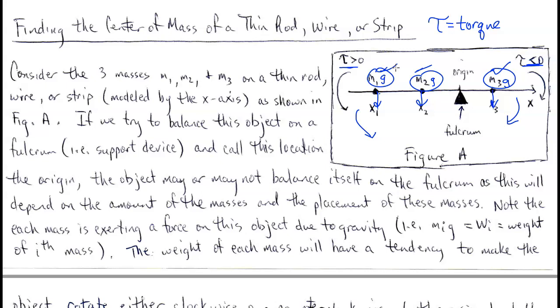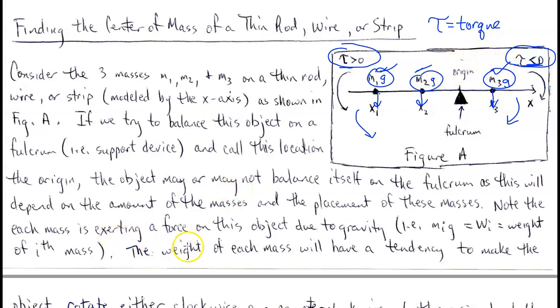In other words, the torque that's making the rod spin counterclockwise must balance out the torque that's trying to make the rod spin clockwise. Note here that we interpret torque as positive whenever it spins in a counterclockwise motion, and we interpret torque as negative when it spins in a clockwise motion.